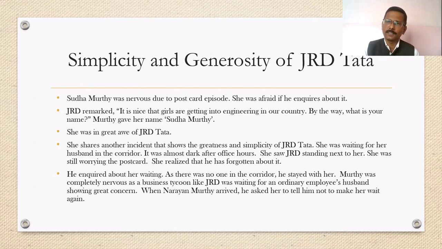She gives another example: she was waiting in the corridor for her husband after the day's work. He was about to pick her up in the evening, and it was getting darker. She saw that JRD Tata was standing next to her, and she was still worrying about the postcard, which was stuck somewhere in her mind.